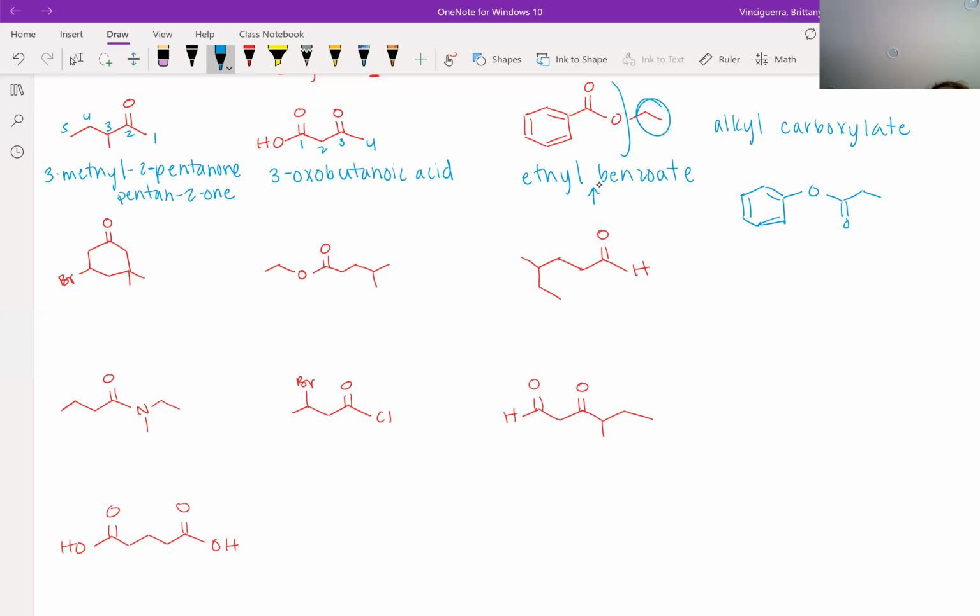So what would the name of this one be? So what is this alkyl group? Benzyl?